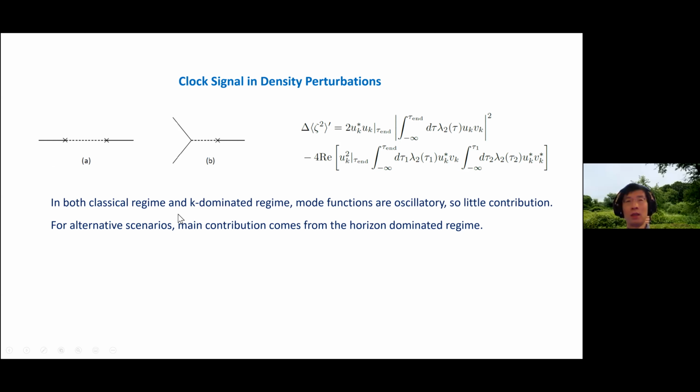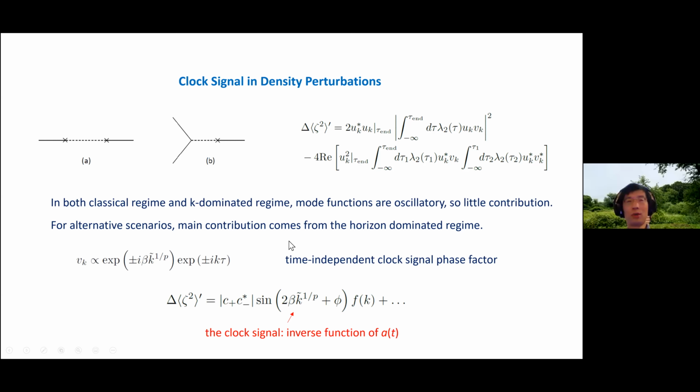When you look at these integrations, you can notice that for all scenarios in the classical regime and the K-dominated regime, the mode functions are oscillatory, so there's little contribution. The main contribution for alternative scenarios comes from the horizon-dominated regime, when the modes exit the horizon, where the contribution is no longer that oscillatory.